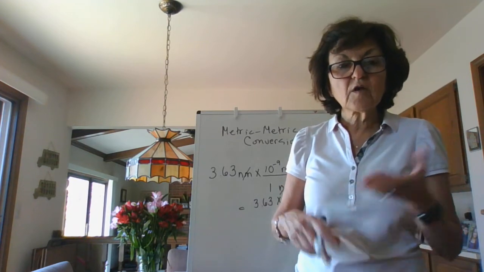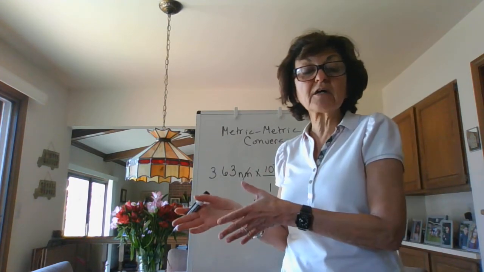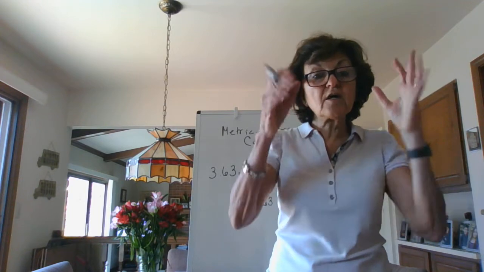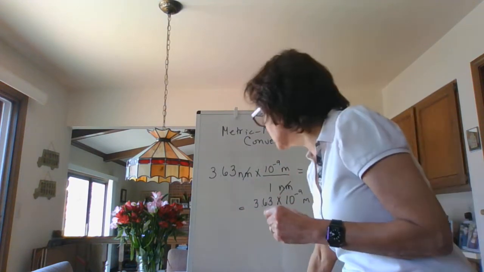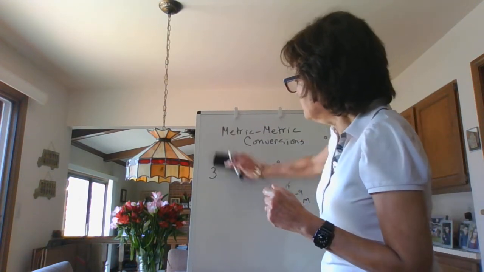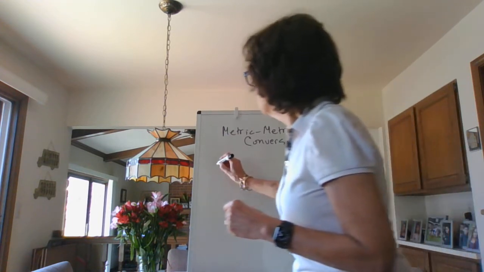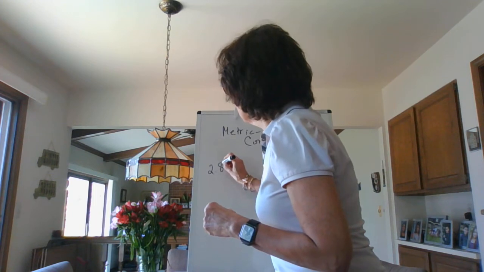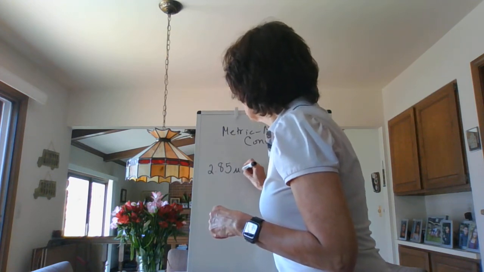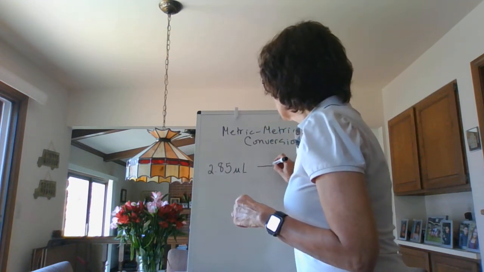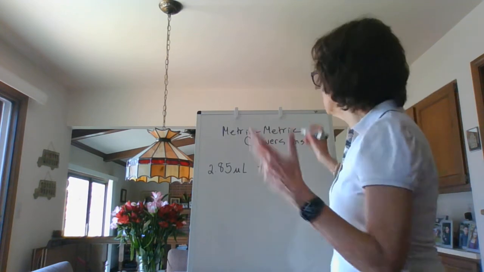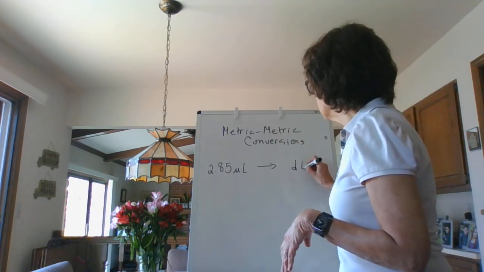Easy enough. Okay, what if I have a prefix and I want to go to another prefix? So let's say I've got 2.85 microliters, and I want to convert it to, let's say, deciliters.